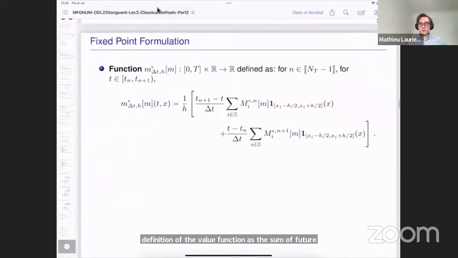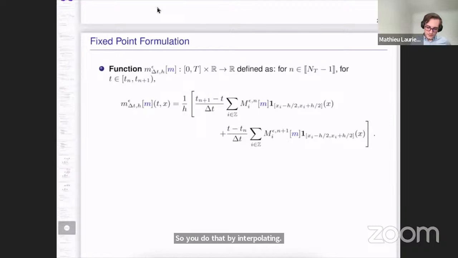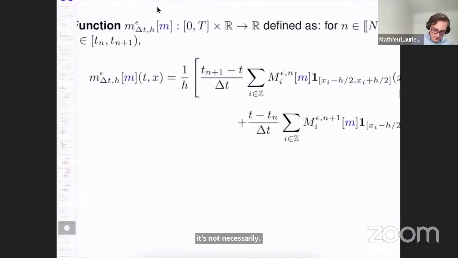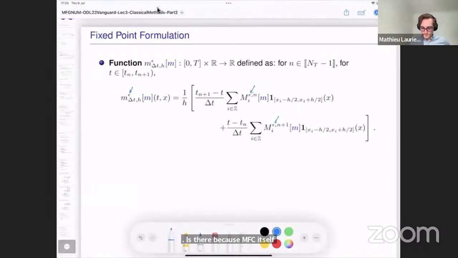All right, so one thing we need after that is to define a smooth version of m as a function of t and x. So you do that by interpolating. Actually it's not necessarily that smooth, but the epsilon here is there because m epsilon itself depends on the gradient of u epsilon.